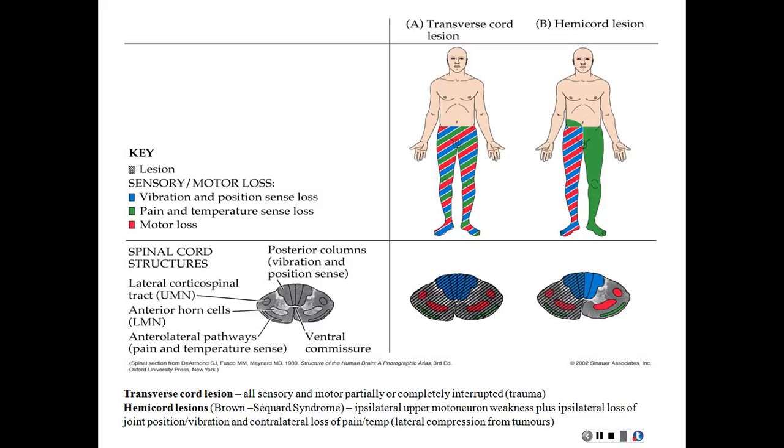Now, we know that the side of the lesion is on this one right here, on his right. And we have this line which demarcates approximately the level of the lesion. But we have this patching of red and blue on the ipsilateral side, and this complete green on the contralateral side. So something interesting is going on here.